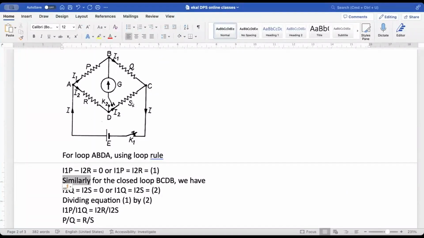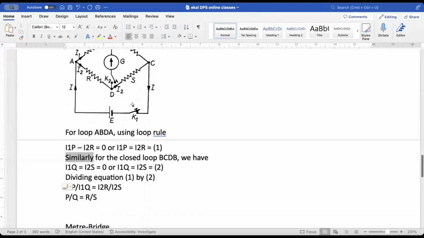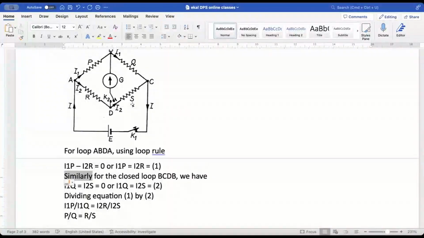And when the bridge is balanced, then on interchanging the positions of the galvanometer and the cell, there is no effect on the balance of the bridge. Then we may say that arm BD and arm AC, which are the diagonals, are called the conjugate arms of the bridge.